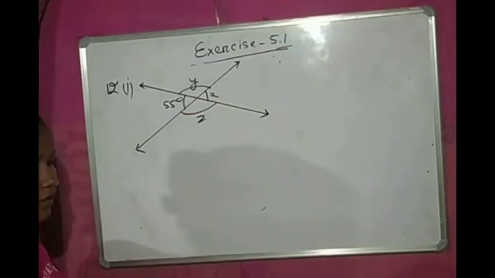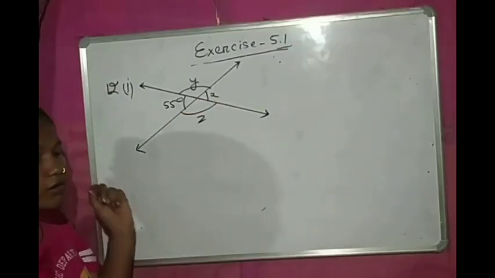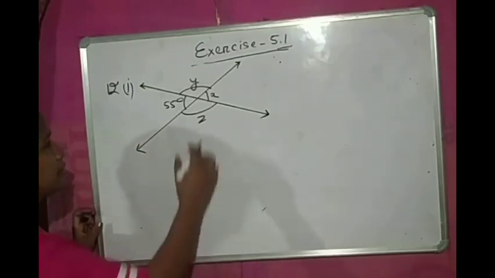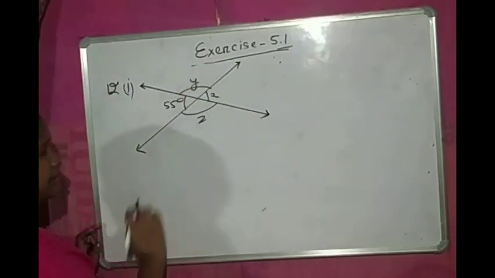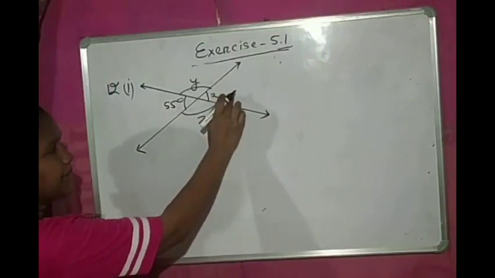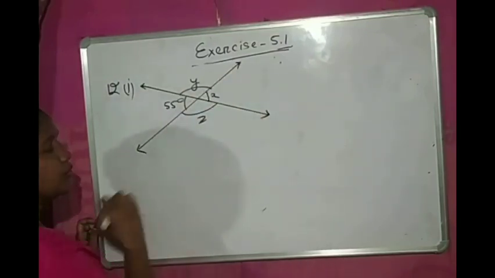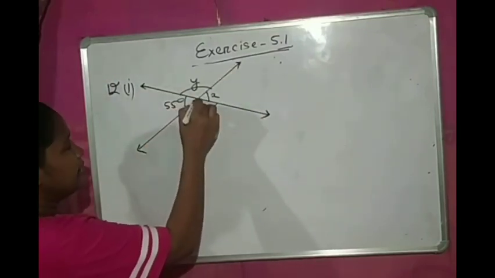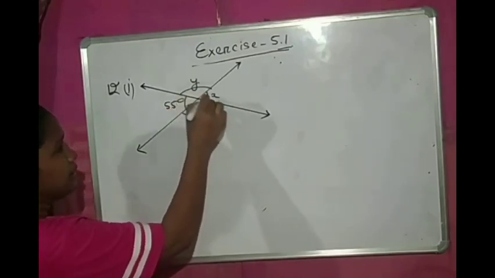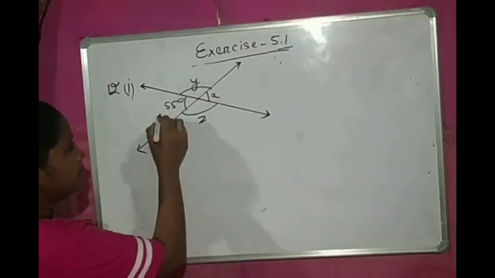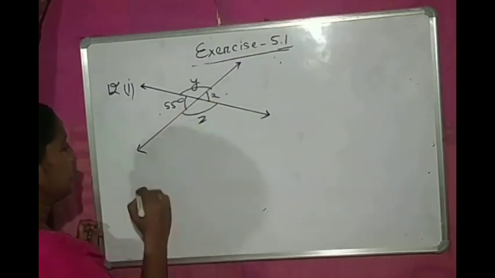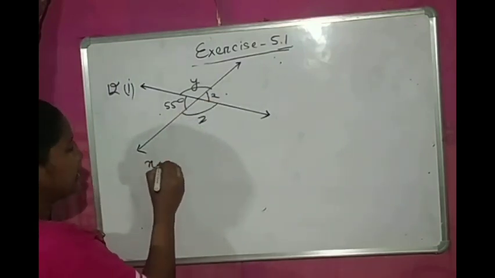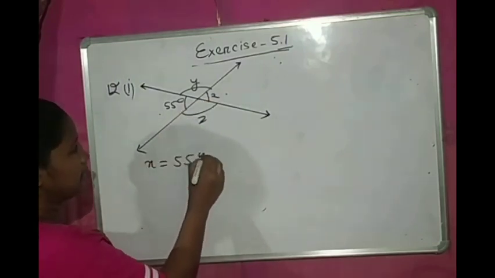So what do we have to find? Find the values of x, y and z. We can find the value of x because these two straight lines are intersecting at a point and forming these angles. So 55 is vertically opposite to x. So x equals 55 degrees.